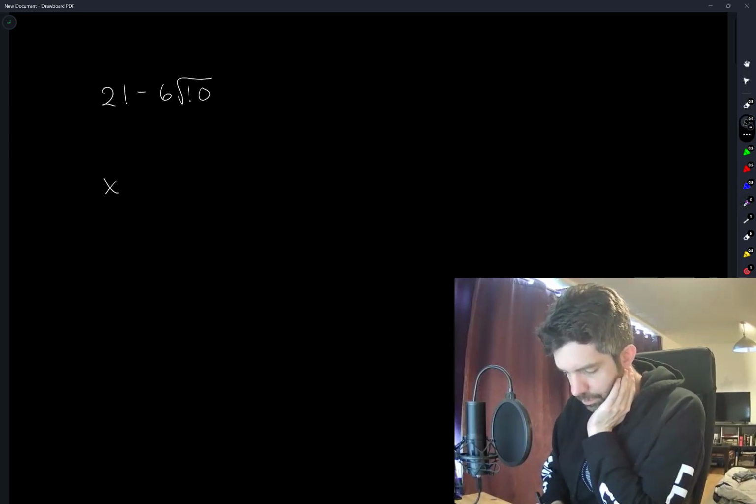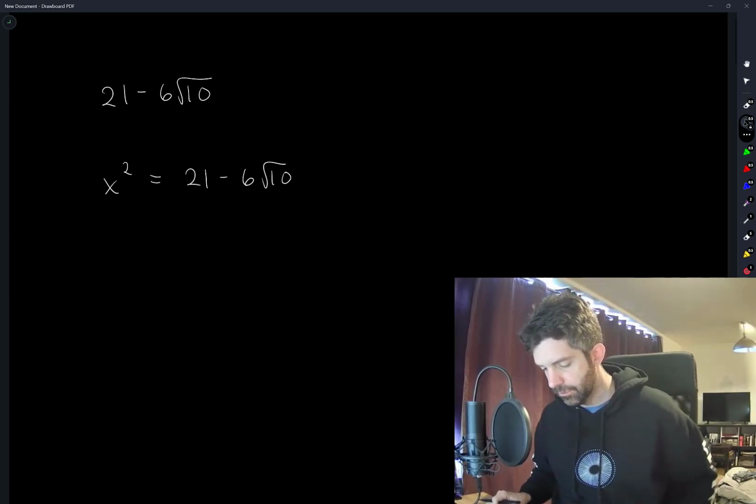So we have x squared is equal to 21 minus 6 root 10, and we want to find what x is.